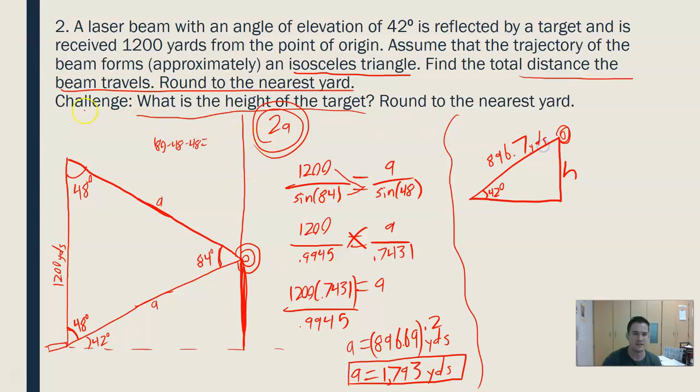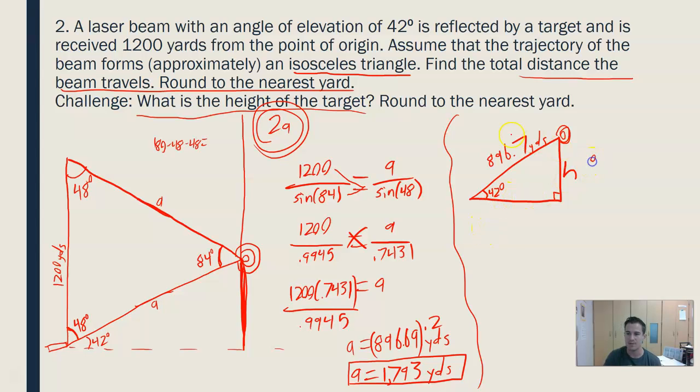And the challenge is to find the height. Well, the height from the ground just forms a right angle, so I'm not going to need to use the law of sines or the law of cosines. I can just use my right triangle trigonometry knowledge, my SOHCAHTOA knowledge.